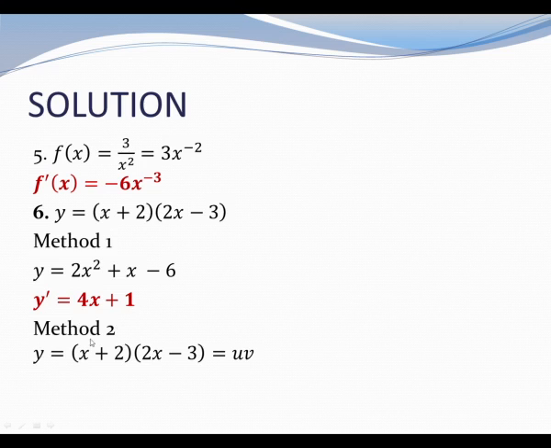Now another method is, without simplifying it, just simply use the product derivative, as the first expression will be considered as the u, and then the second expression will be considered as the v. So this is simply an example of the product derivative. We can consider the x plus 2 as the u, and the quantity 2x minus 3 as the v.